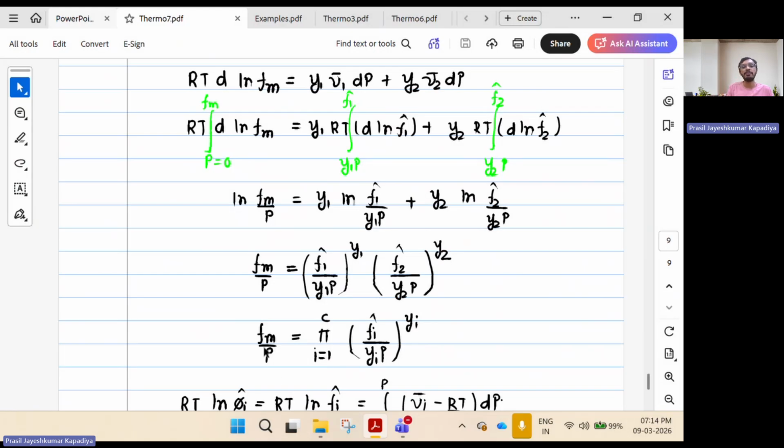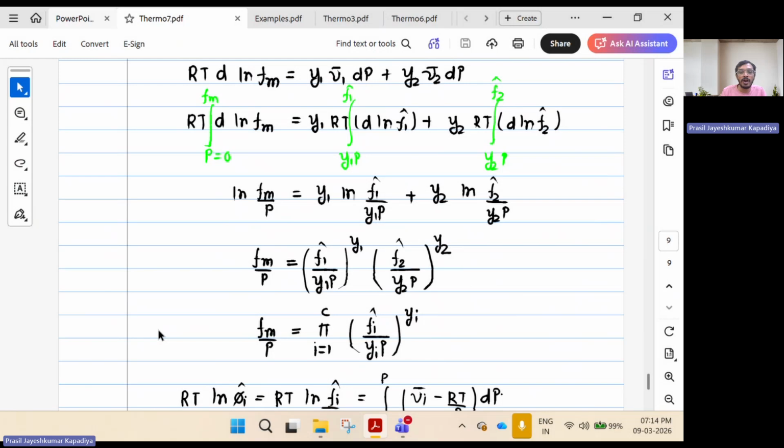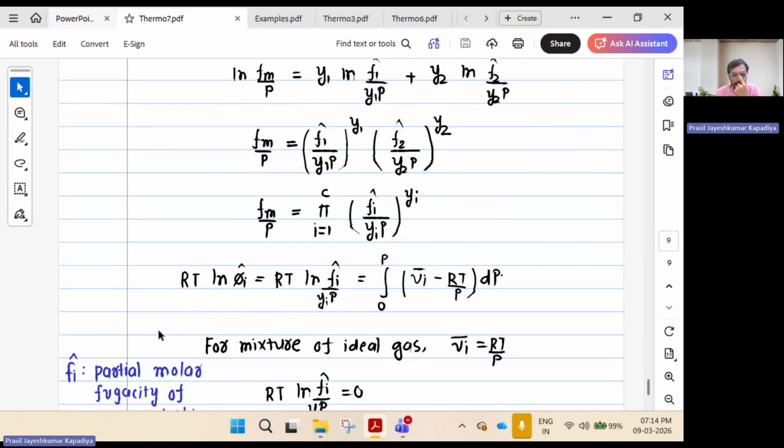Let's say I have C component systems. For all components, it should just be multiplied. So I can write Fm by P is equal to the product over i equals 1 to C of Fi cap by Yi into P raised to Yi. This is how I can find the fugacity of my mixture.